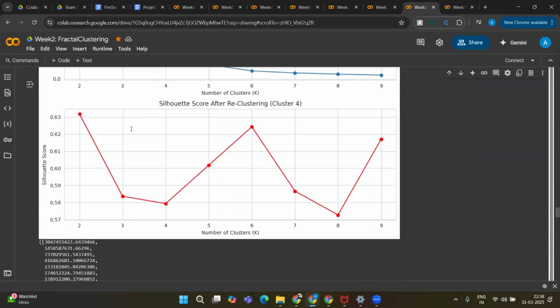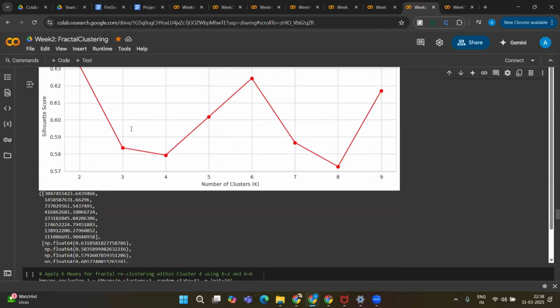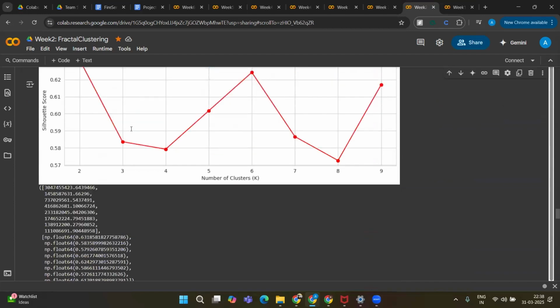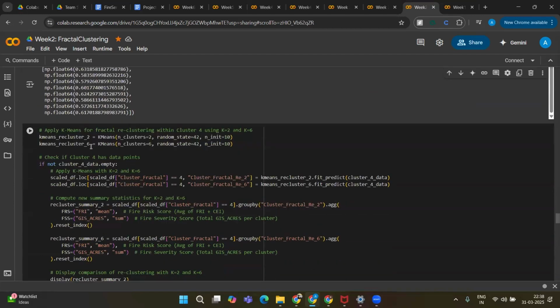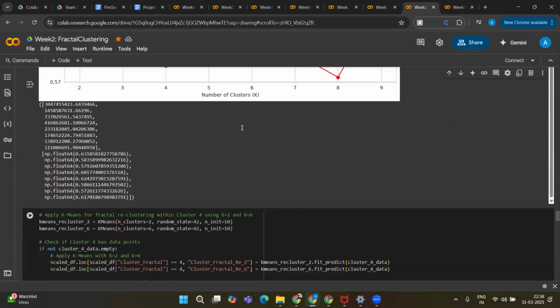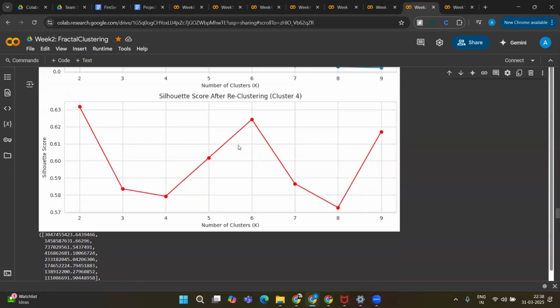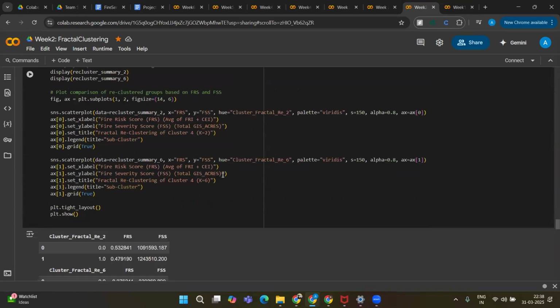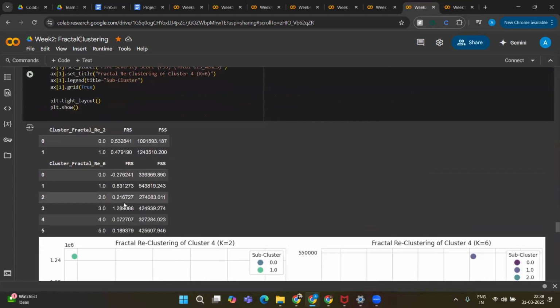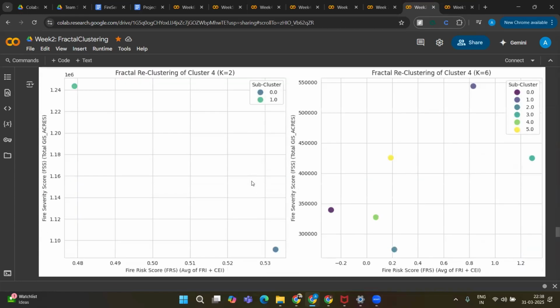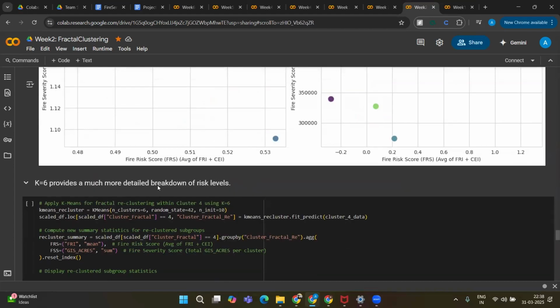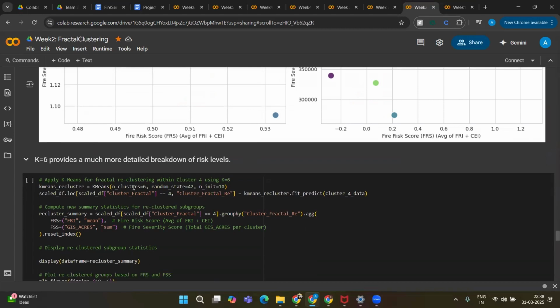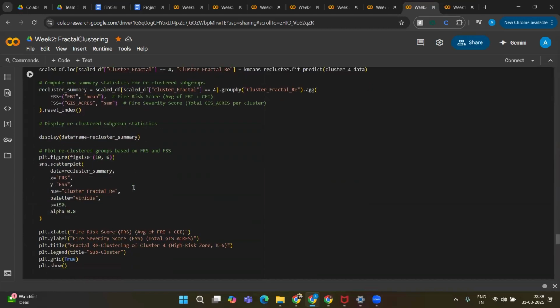In the second iteration, as you can see, these are all the SSE and the silhouette score values that we got. Here we were confused between 2 and 6, so that is why we compared values of both of them. As you can see, 2 and 6, and then we plotted the graphs for that. And then we decided upon using k equal to 6 because it provides a much more detailed breakdown of risk levels.